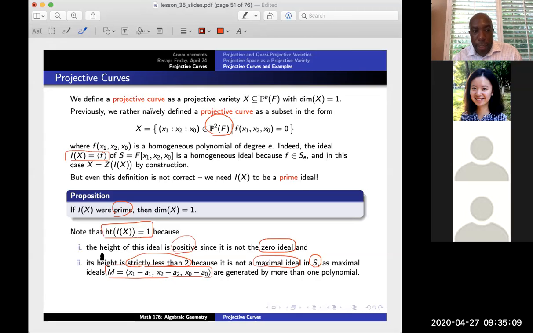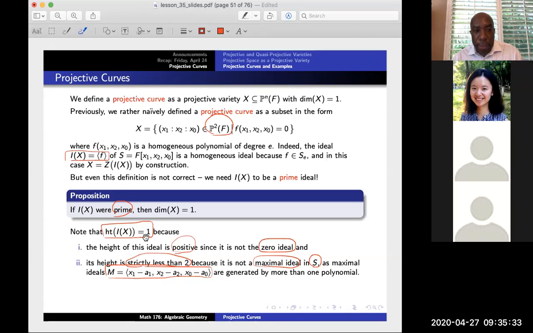There's no way that this ideal, if it were maximal, can only be generated by one polynomial. So it is not a maximal ideal. Right? If it's not a maximal ideal, then of course it has to be strictly contained in a maximal ideal. But maximal ideals have height 2, so the height here has to be strictly less than 2.